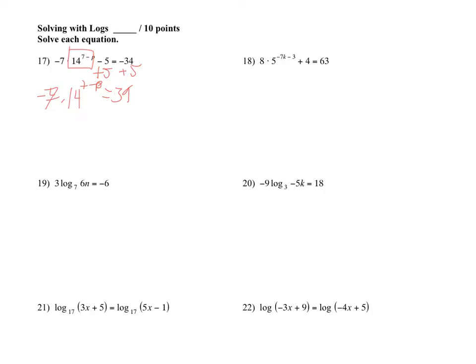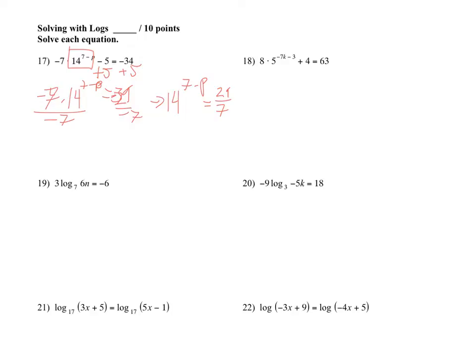Wow, I totally can't, this should be -29. Divide both sides by -7. And we get 14, and we'll try to rewrite this so it's a little bit easier to see, to the 7 minus p is equal to -29 over -7, which is 29 over 7.